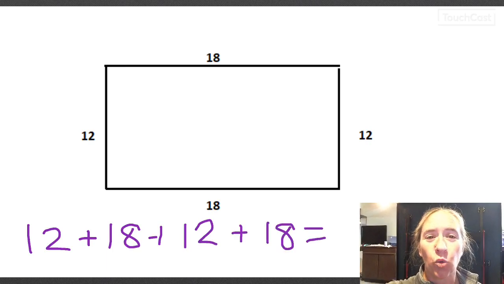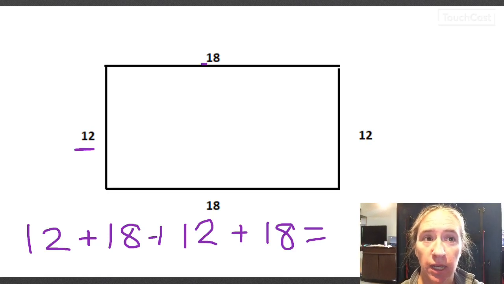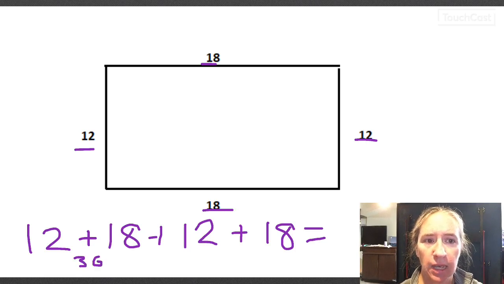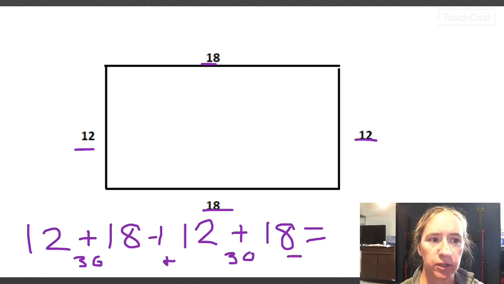Can you see where I got those numbers from? 12, 18, 12, 18. And then I'm going to add them up. I'm using mental math to see that 12 and 18 equals 30, and 12 and 18 equals 30. So the perimeter for this is 60.